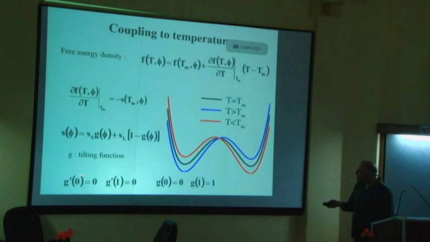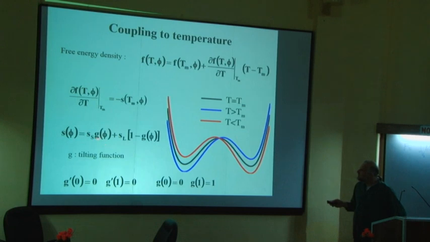Now, what's the role of this function g? Well, generally speaking, if I have a non-zero term here, as I have mentioned, it's a non-zero driving force. So it's just like a magnetic field, and we have already seen that the magnetic field tilts the double well.